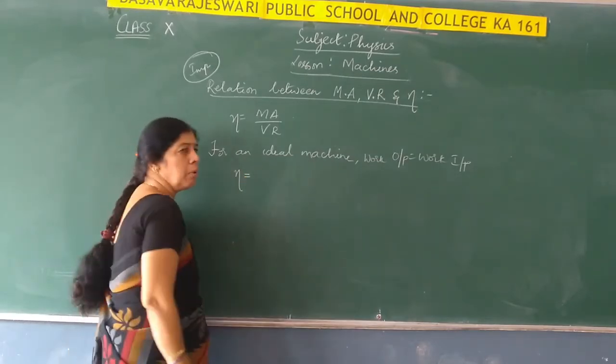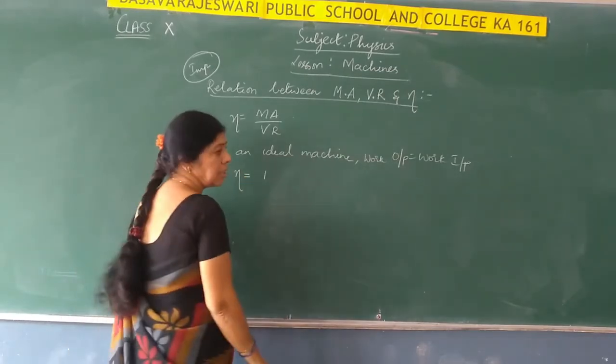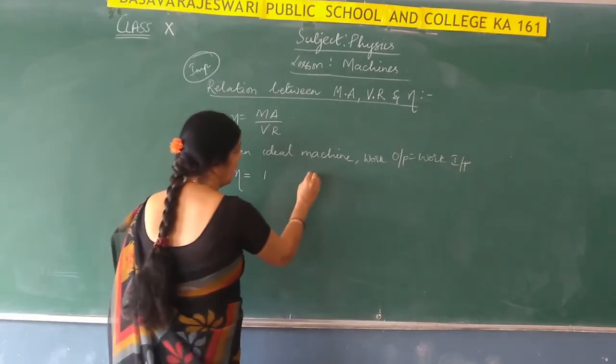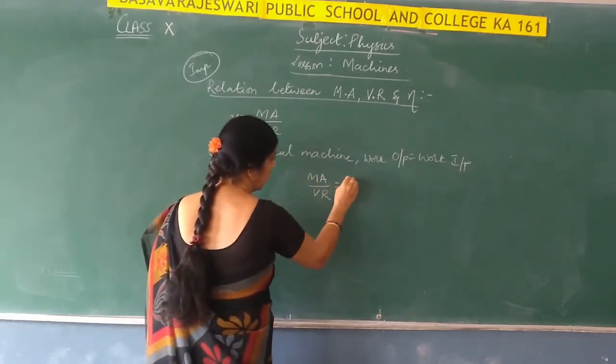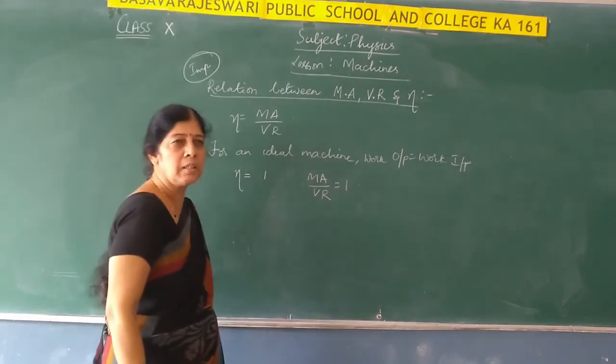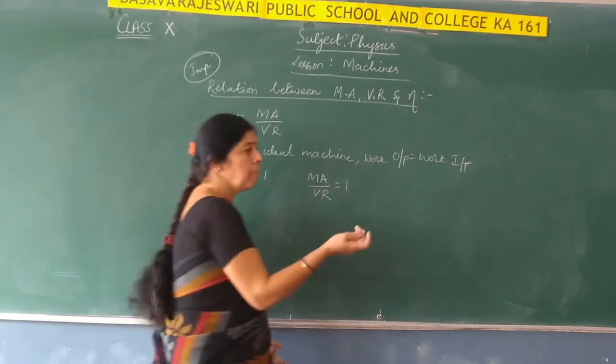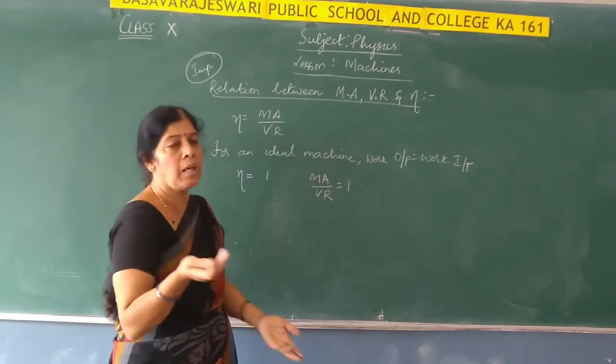Efficiency will be equal to 1. In such cases, mechanical advantage by velocity ratio will be equal to 1. Both are the same: E into dE by L into dL.